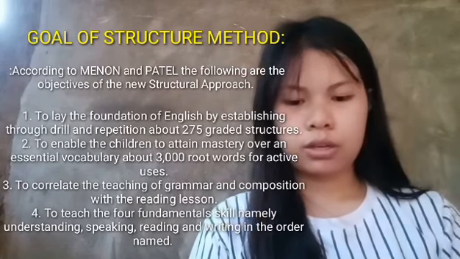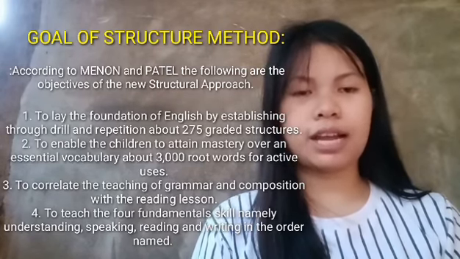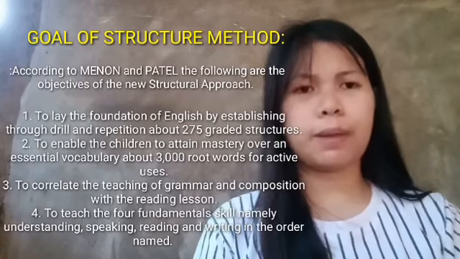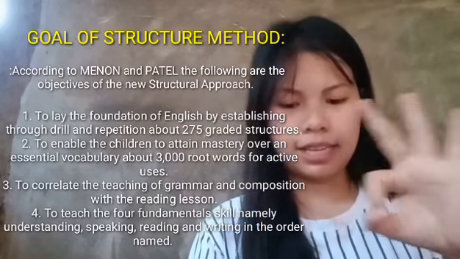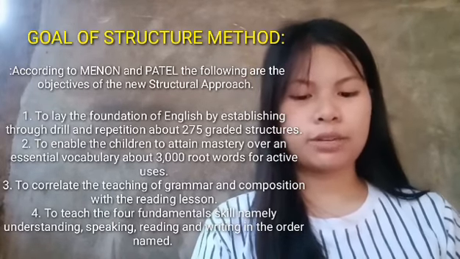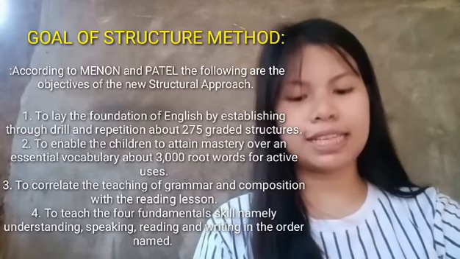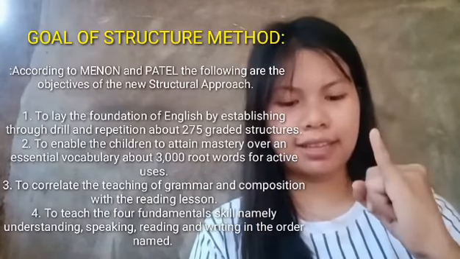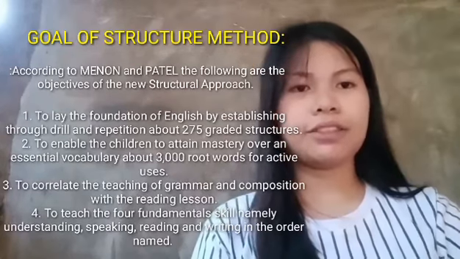Number two, to enable the children to attain mastery over an essential vocabulary of about 3,000 root words for active use. Number three, to correlate the teaching of grammar and composition with the reading lesson. Number four, to teach the four fundamental skills, namely understanding, speaking, reading, and writing.